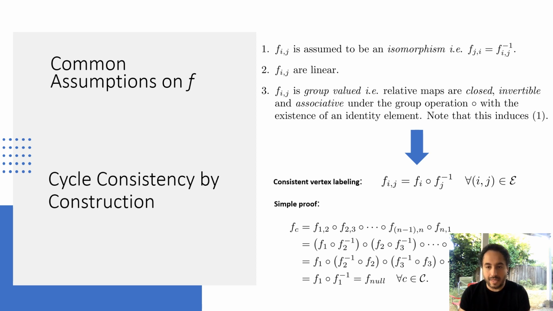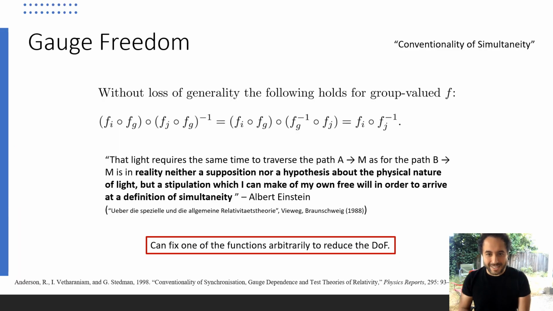So this is by construction a cycle consistent graph, and the proof is very simple actually. If I take the definition of cycle consistency and plug this in, for all I and J, I am ending up at the null cycle. So indeed, that's a cycle consistent graph.